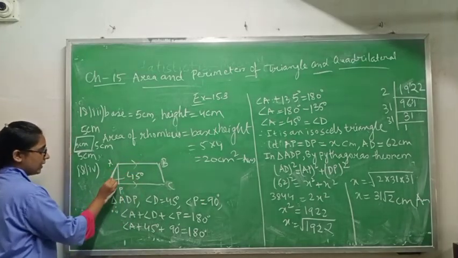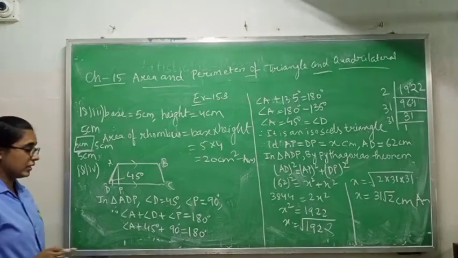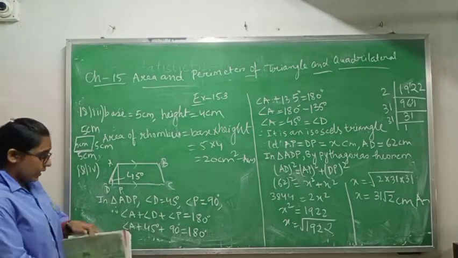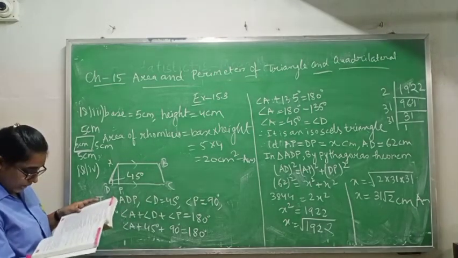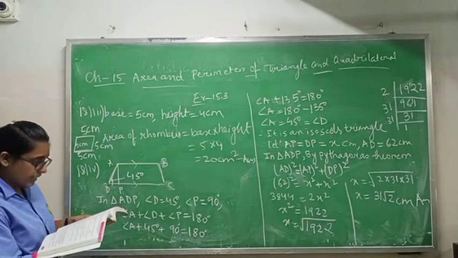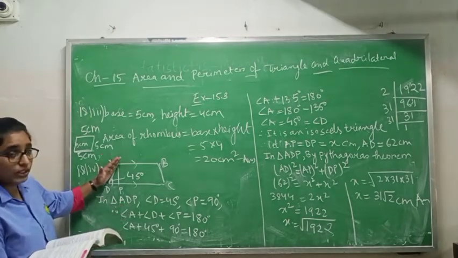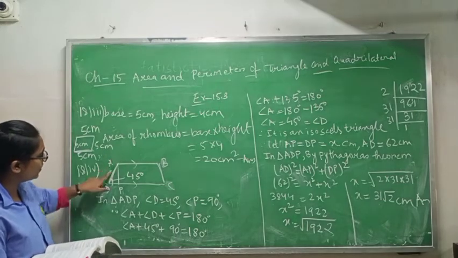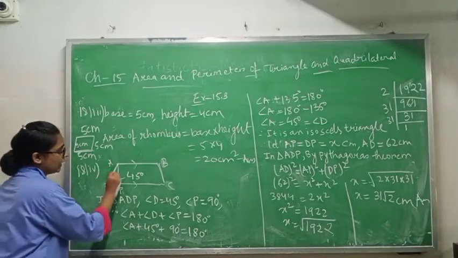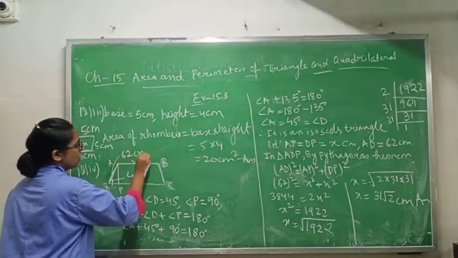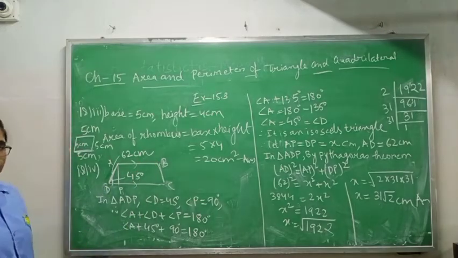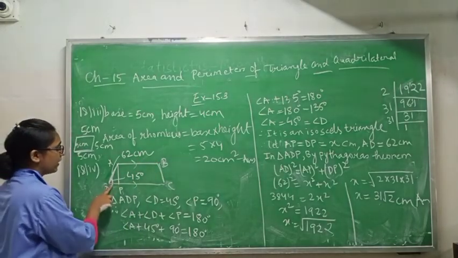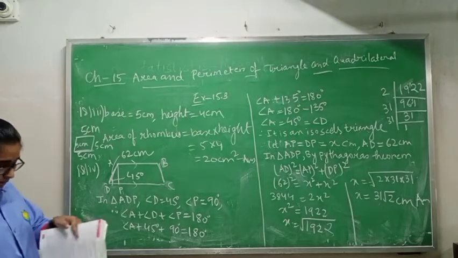So adjacent parallel side, this one will be 45 degree. It is given, and the length of its slant side, slant side means this one, is how much? 62. Means AD is given how much? 62 centimeter. Okay, AD is 62 centimeter and angle D is 45 degree.